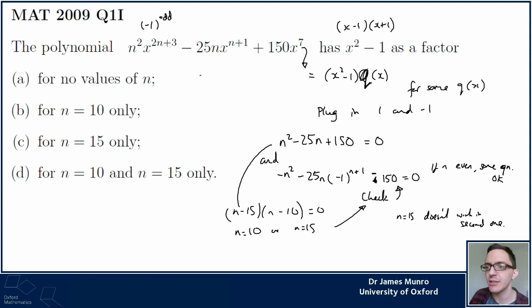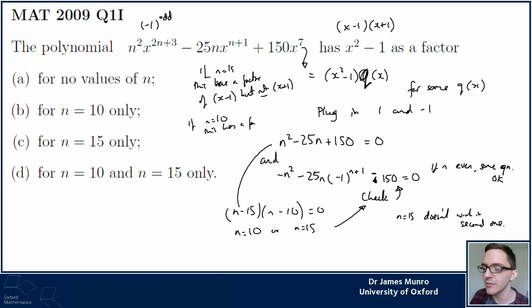So quick summary: if n is 15, this has a factor of x minus 1, but not x plus 1. If n equals 10, this has a factor of x minus 1 and x plus 1, which is what we need to have x squared minus 1 as a factor. So 15 is not okay, since it doesn't have x plus 1 as a factor. 10 works out fine, so that's just B.